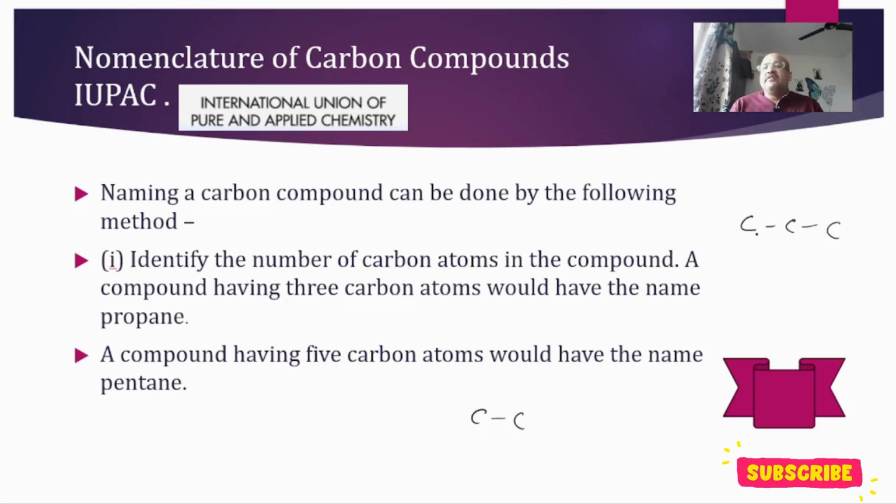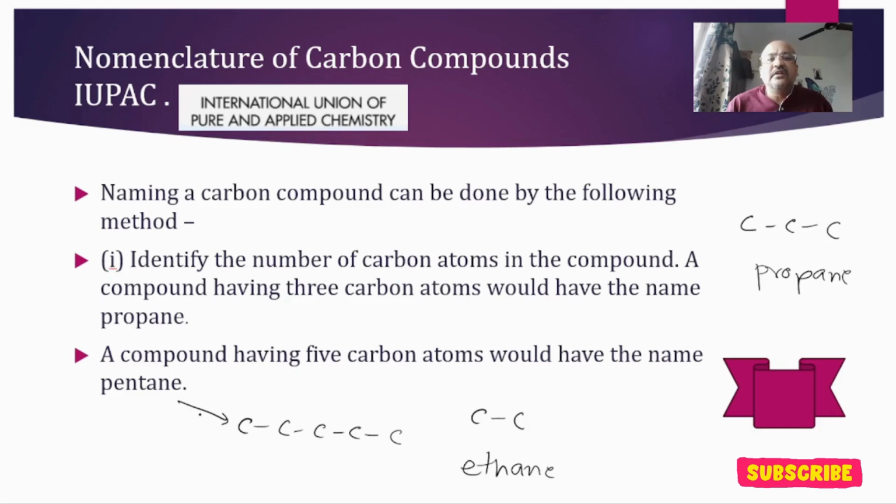A compound having 3 carbon atoms would have a name, right? Here you see 1, 2, 3. So this is my propane. And if there are two carbons, this is my ethane. A compound having 5 carbon atoms would have the name pentane: 1, 2, 3, 4, and 5.